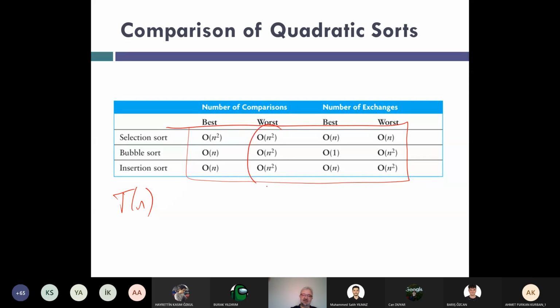As far as worst case performance is concerned, they are all the same in terms of comparisons. But as you remember, there are some constants hidden, not in the number of comparisons or exchanges, but we can talk about running time. All of them are theta n squared, right?